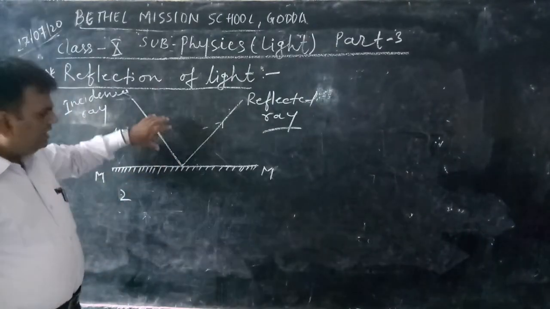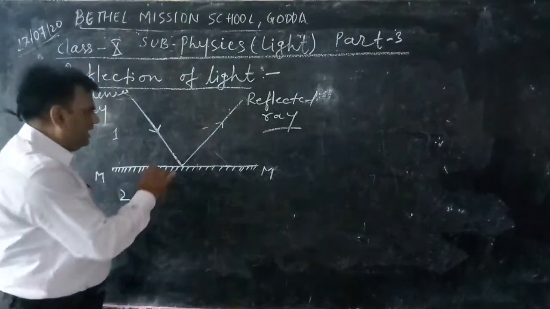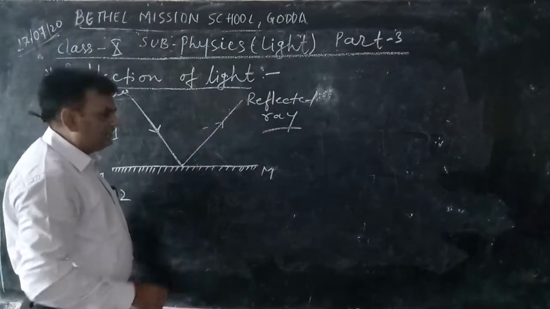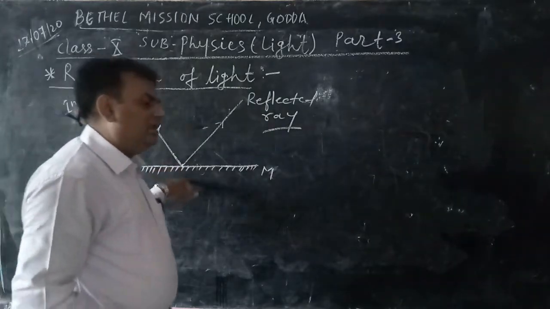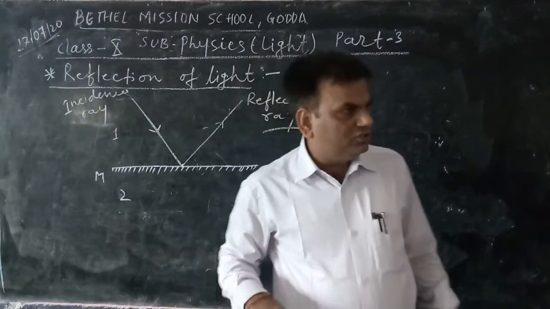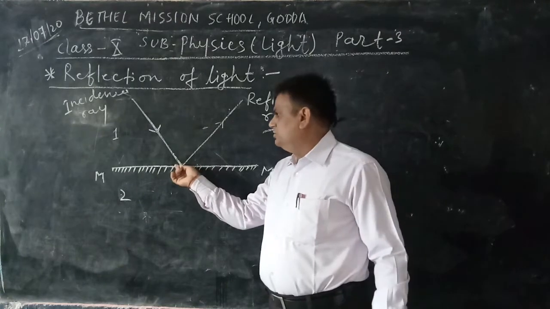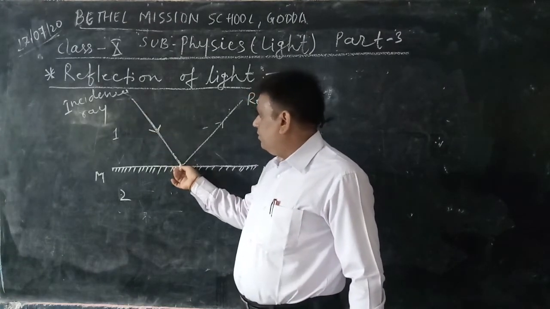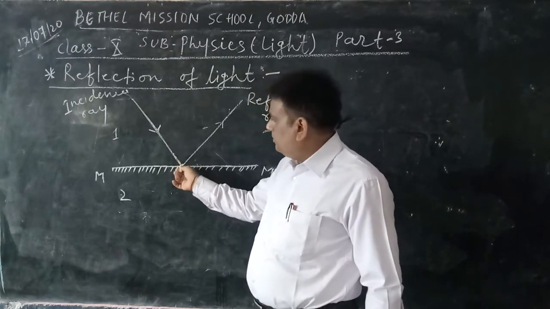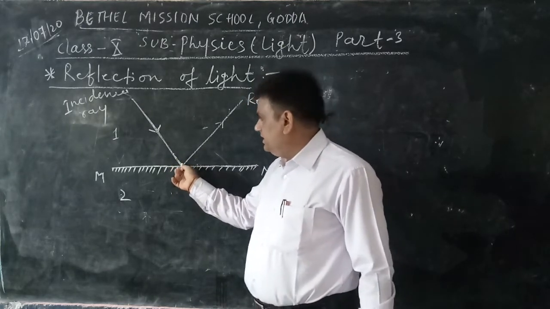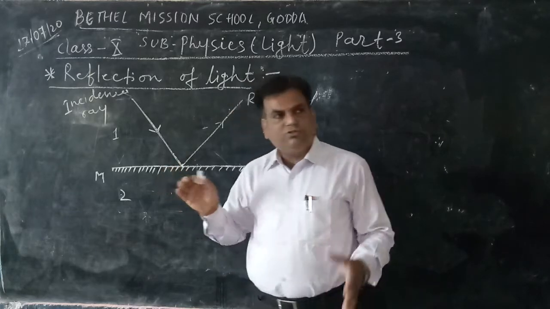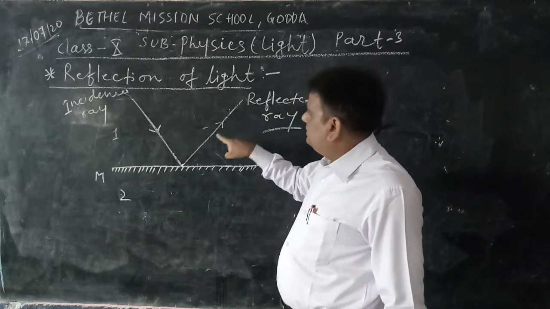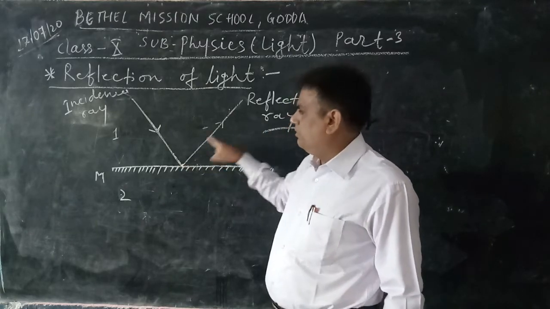So when the ray of light falls on this surface and reflects from the same point, this point where the light falls on the surface of the mirror is known as the point of incidence, because the ray of light falls on this point. This point is also known as the point of reflection, because the light is reflected from this same point.